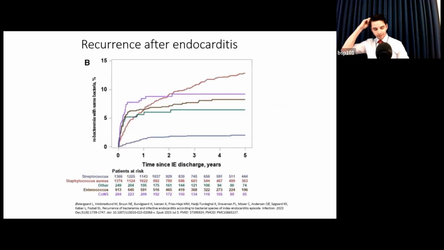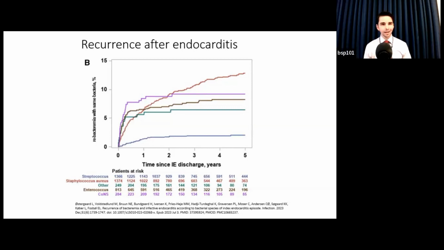The reason that we need to identify complicated cases is so that we can prevent recurrence. We can prevent the morbidity and the mortality that's associated with Staph aureus bacteremia. And this is a chart that was recently published and looked at rates of recurrence of bacteremia after events of endocarditis separated by different organisms that caused it. So we have common ones like Streptococcus, Staphylococcus aureus, Enterococcus, and coag-negative staph.